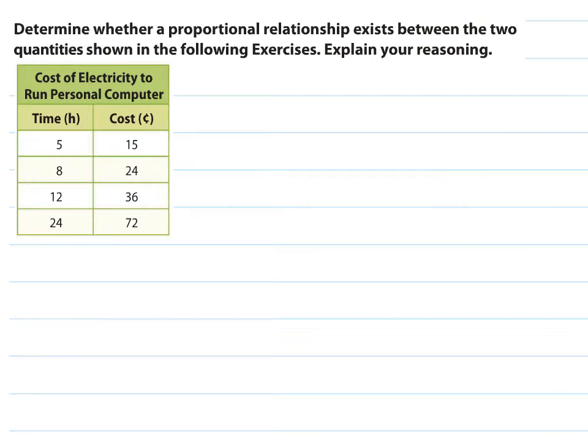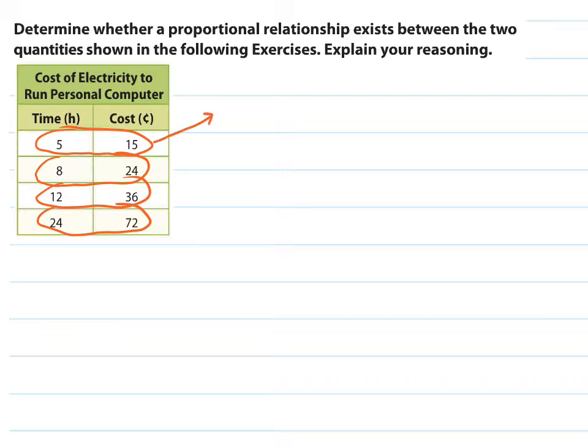Our next example, we are going to determine whether a proportional relationship exists between the two quantities shown in the following exercises. Explain your reasoning. So again, here we're going to put each of these individual quantities into ratios or fractions.